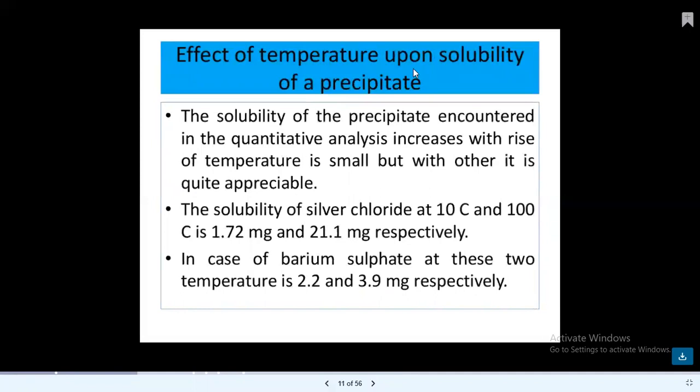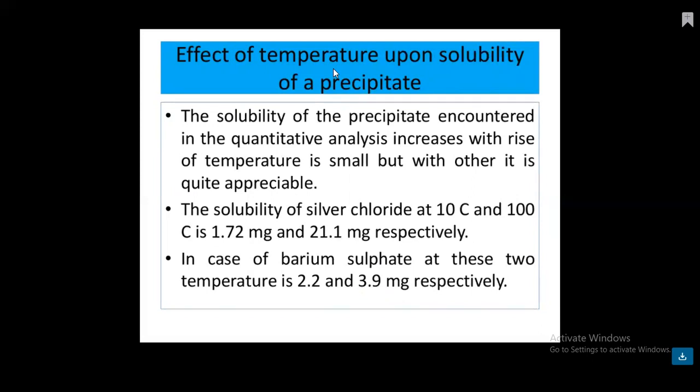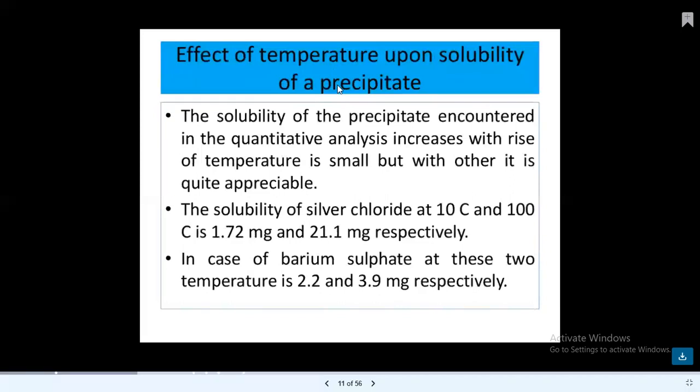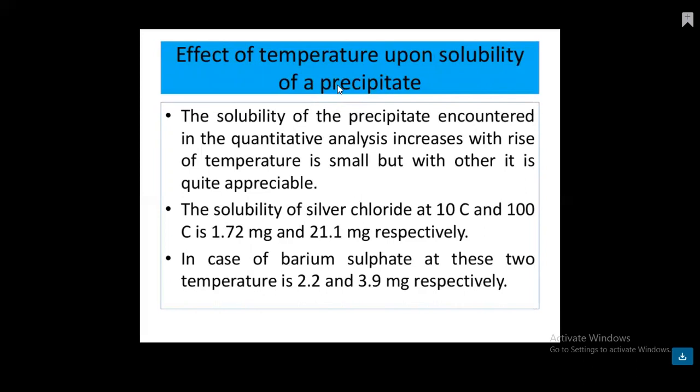Effect of temperature, we must discuss here. We know that by increasing the temperature, the solubility of a small precipitate will also increase.